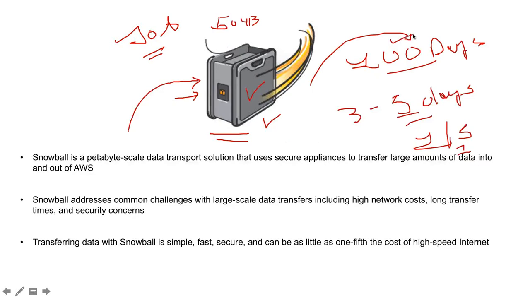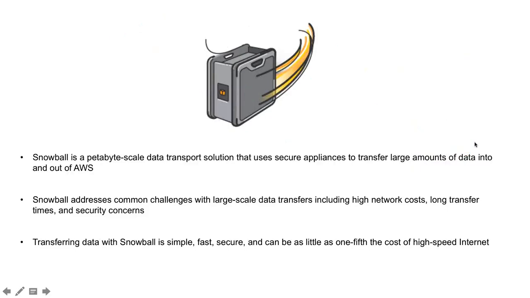So this will take less time and less cost. These appliances are called Snowball appliances that AWS ships over to our data destinations or data centers.